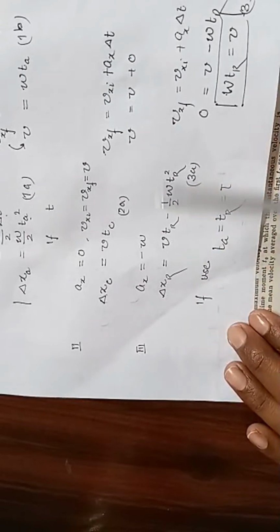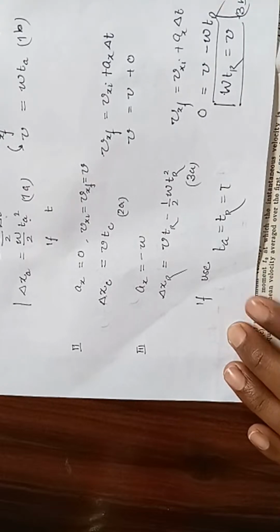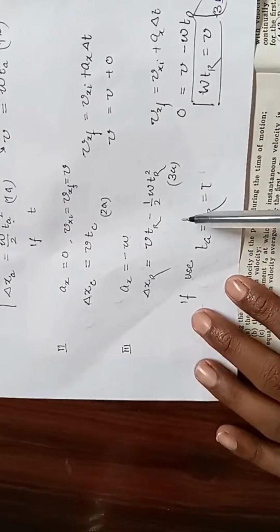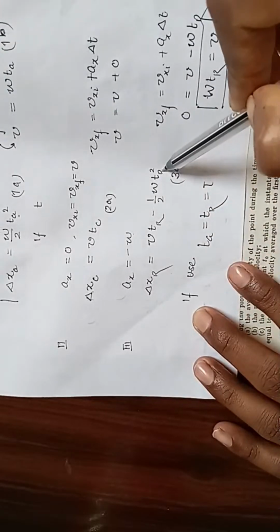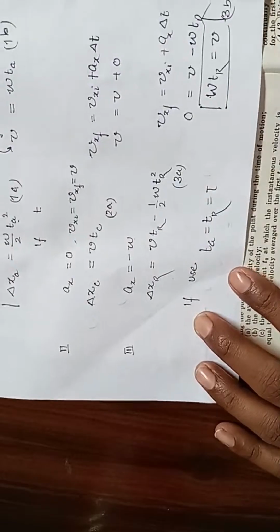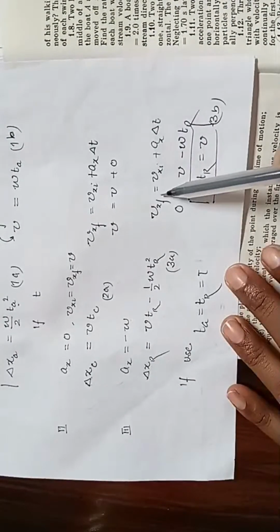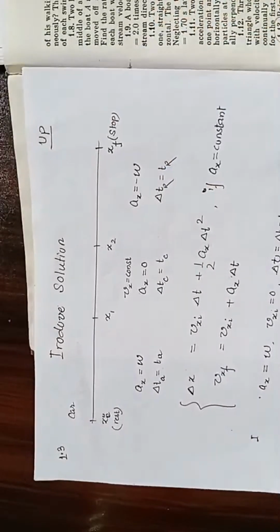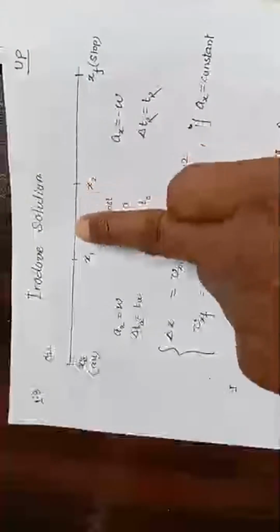Here is the third case, with a minus of this because the acceleration is negative. This is t_r for retarding. And similarly for velocity, the final velocity is 0 because finally the car stops, and the initial velocity is the same as the final velocity of the second case, so this is v.